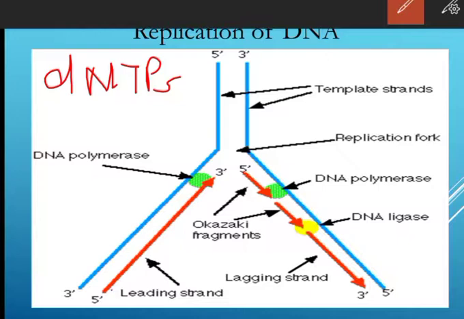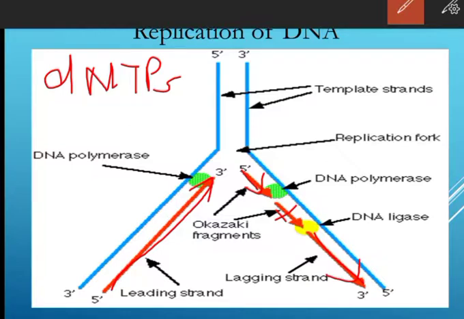Can you see here the replication is continuous? This DNA strand is called the leading strand, while on the 5' to 3' template, replication is discontinuous. Can you see here? The small fragments are produced. It is not produced as a single strand.